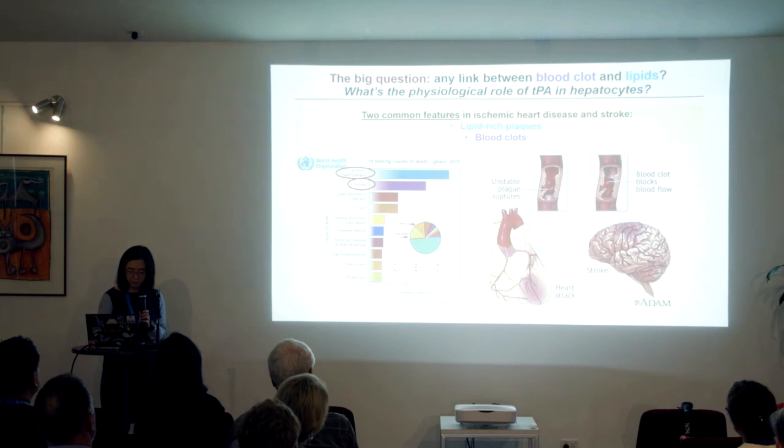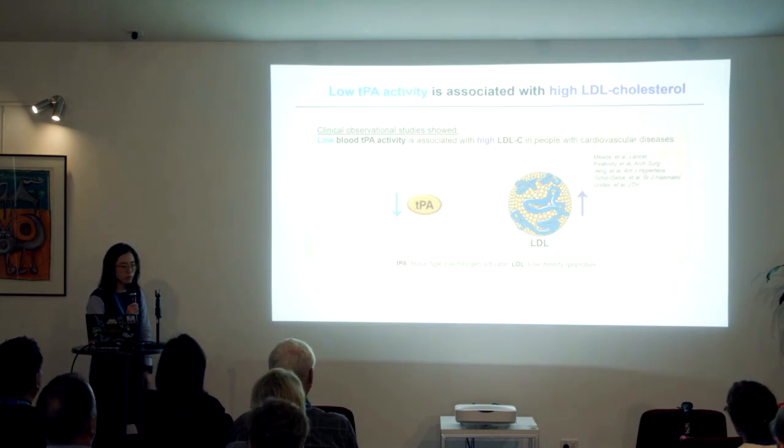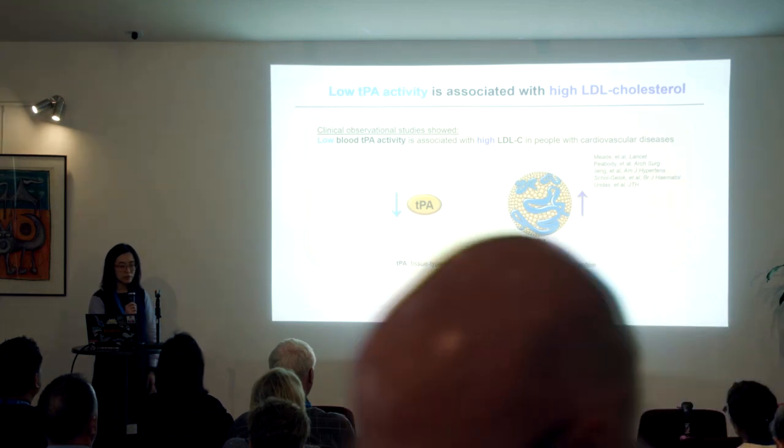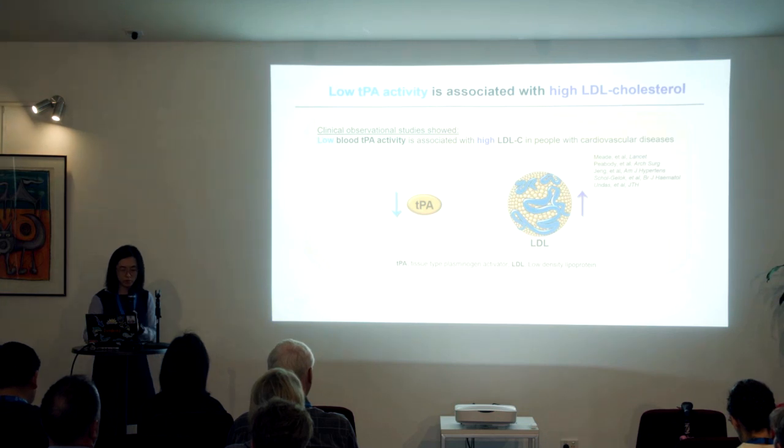We did a literature review, and we found that clinical observational studies in the past few decades showed that blood TPA enzymatic activity is negatively associated with LDL cholesterol levels in patients with cardiovascular disease.